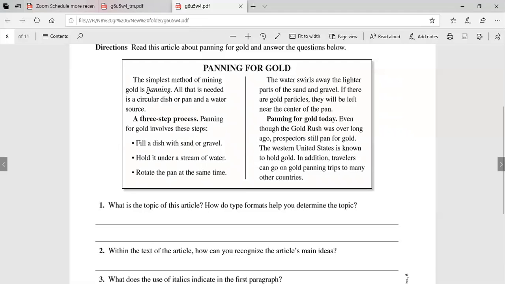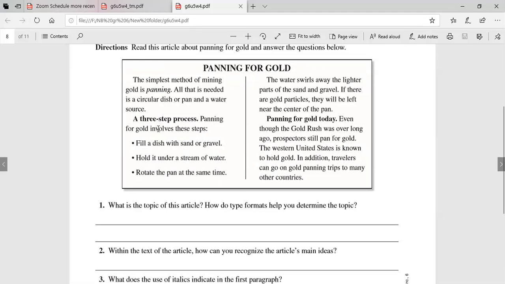You can see here italics that signify the very important word in this paragraph. So what will you say? In short: larger type signals the title, boldface headings tell that this is the article's main idea, and bullets identify a list of details to a main idea. That's all.